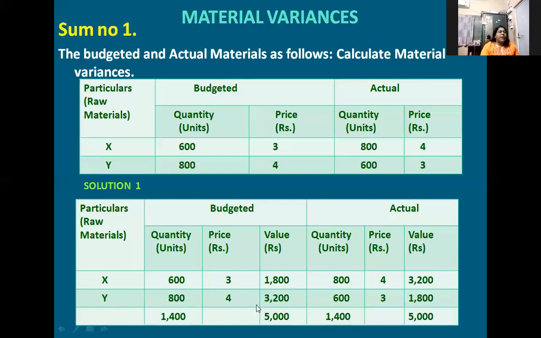Likewise, I calculated the value of the standard quantity as well as the actual quantity for both X and Y. And finally, I calculated the standard quantity by summing X and Y, that is 1400, and the value is 5000. Likewise, the actual quantity is 1400 and the value is 5000.